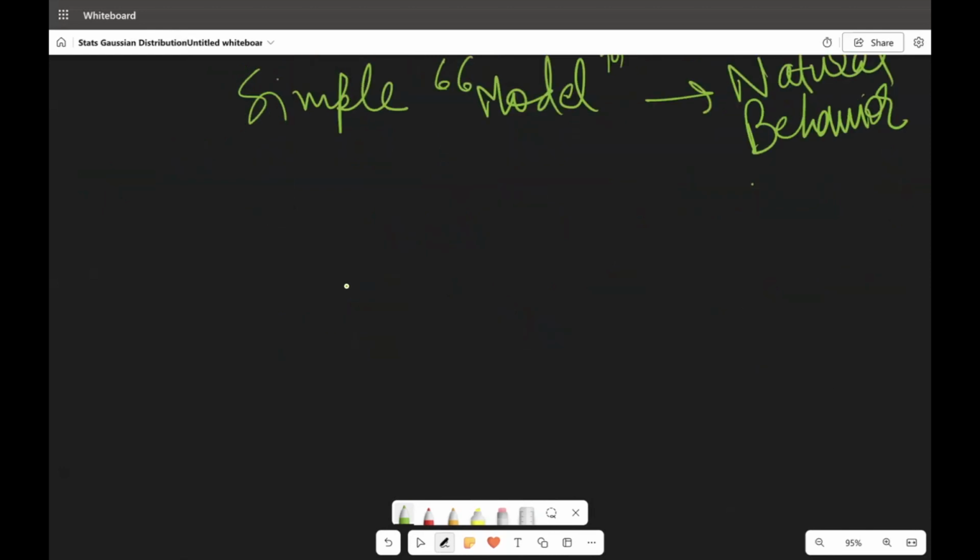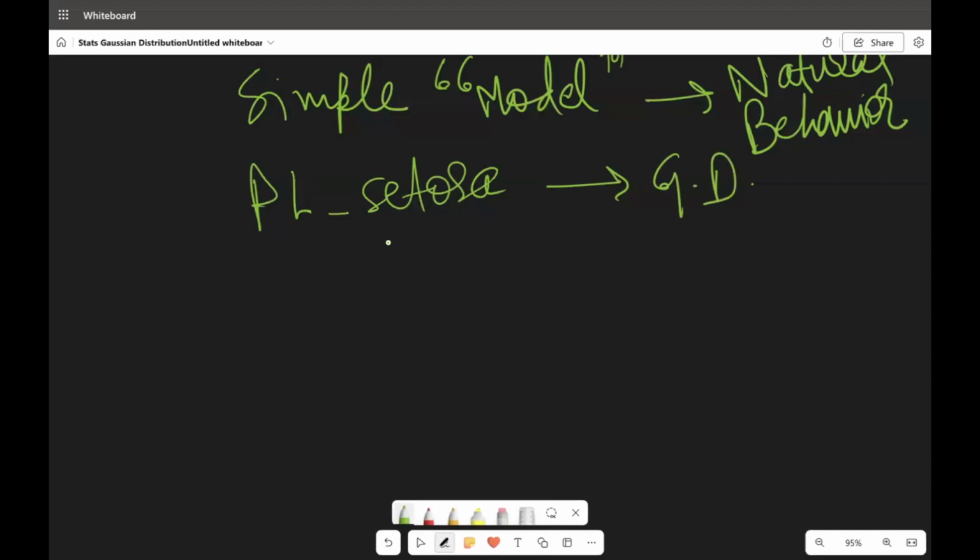For example, if you tell me that the petal length of, let's say, Setosa flowers follows Gaussian distribution, I can tell you a lot of properties about the petal lengths without having measured any one of your petal lengths.